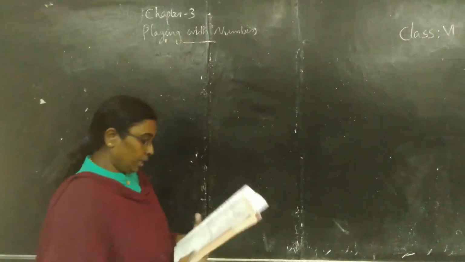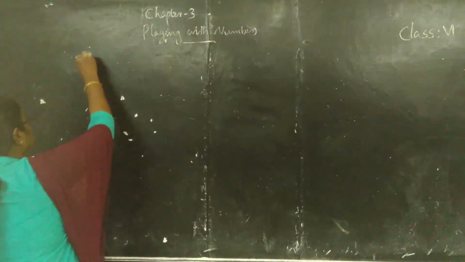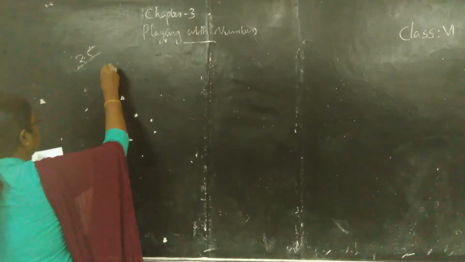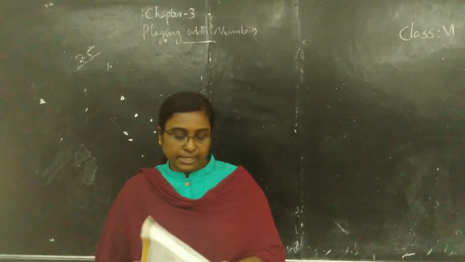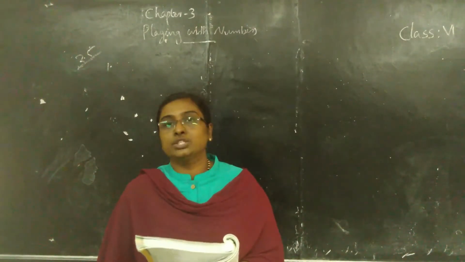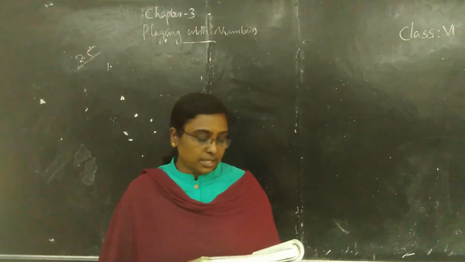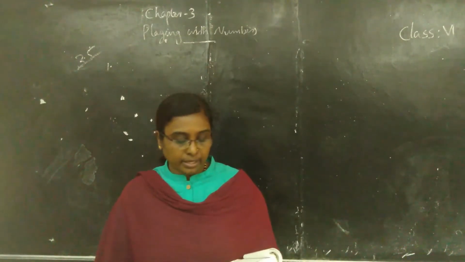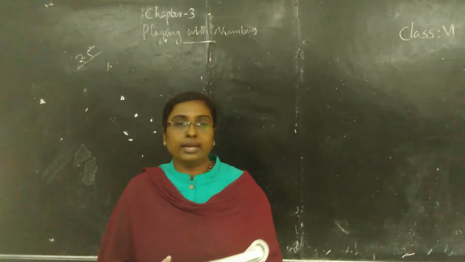Then coming to Exercise 3.5, first question. Which of the following statements are true? The first one is, if a number is divisible by 3, it must be divisible by 9.